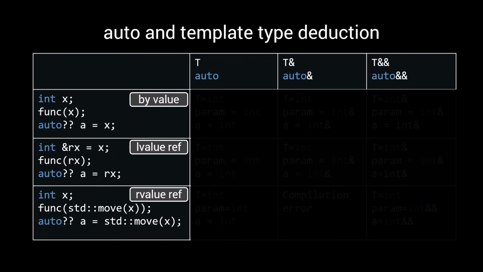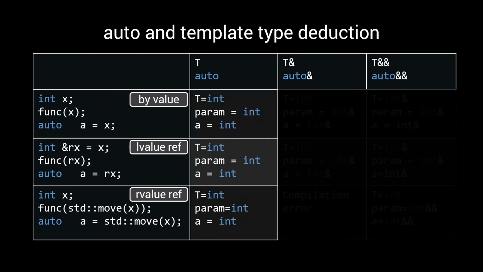So, looking at the case where we accept our parameter by value, the first column, we see that regardless of whether our expression is a value, an lvalue reference, or an rvalue reference, we always deduce int. That's because in the by value case we have this rule about just stripping off reference, top level const, and volatile.